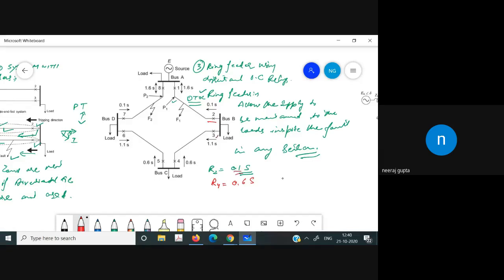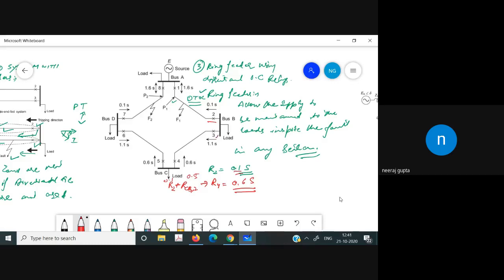R2 is 0.1 second, and then we have the circuit breaker. Let us suppose that the circuit breaker time for bus 2 is assumed to be 0.5 seconds, as we have assumed in the last lecture also. So it is 0.5 plus 0.1, so finally we are getting 0.6 second. So R4 in this case is 0.6 second. And let us suppose that the overshoot time, which is 10% of these two, we neglect it. So it is the simple case.